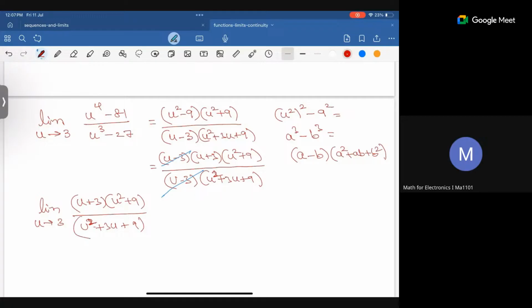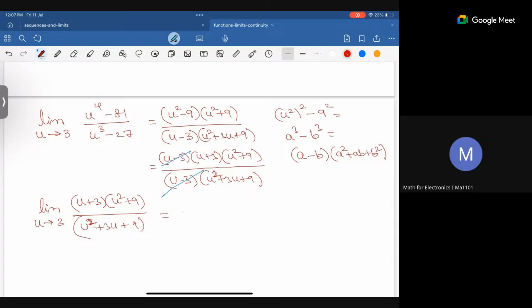So now you will see that you will not face any difficulty in substituting u is equals to 3, right? Because numerator is a very nice polynomial, denominator is also a nice quadratic polynomial. When you divide these two things, you will still have some niceness, right? So there is no discontinuity or breaks you will encounter.